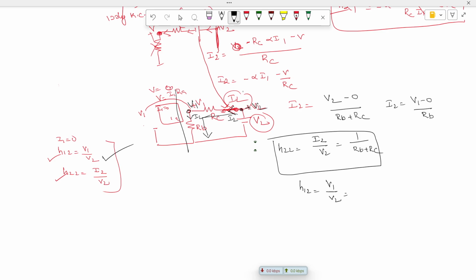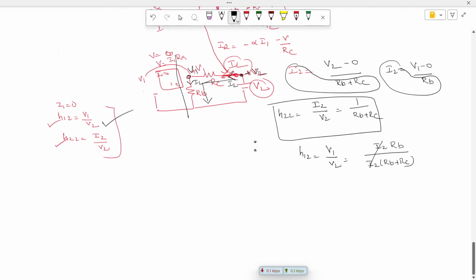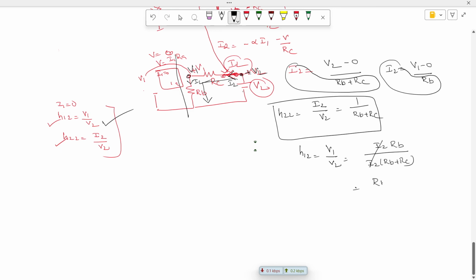V2 is equal to I2 into RB plus RC, and the denominator is V1, which is I2 RB. I2 will get cancelled. The resultant value is RB divided by RB plus RC. So we have been successful in finding out H22 and H12. These are the resultant values.